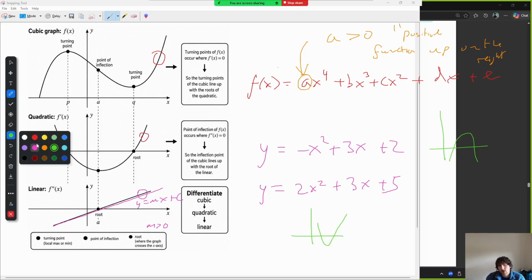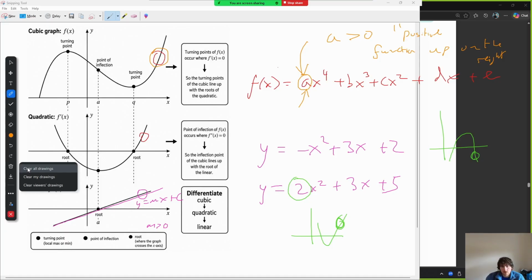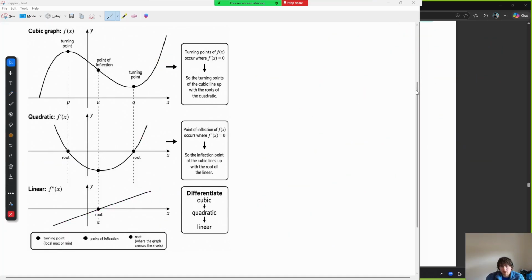But the real thing behind it is because x squared is the highest power of x here. Because it's positive, it means the function has to be up on the right. That's why it gives a smiley face. If it's negative, it has to be down on the right. Okay? And that's the same here. If this slope was like -2, this would have to be down on the right. And it goes the same for our cubics. If the coefficient in front of the cubic is positive, it has to be up on the right. Okay? So really important stuff there.